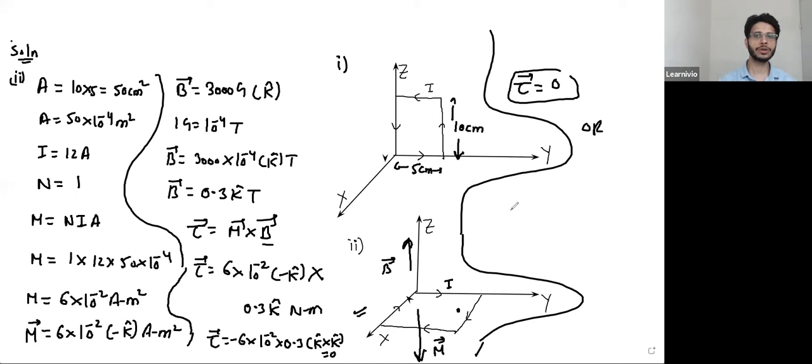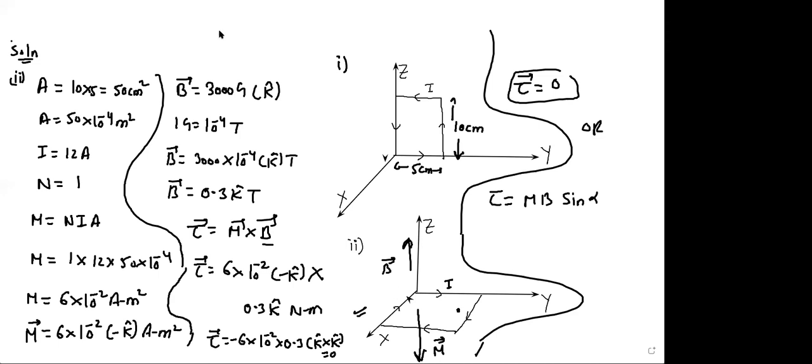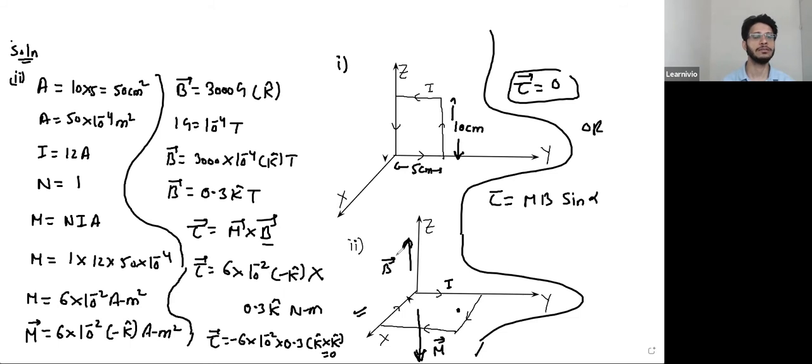Or if you want, you can solve it using the definition of cross product, MB sine alpha. Can you guess the value of angle alpha in this case? Yes, 180. And how much is sine 180?